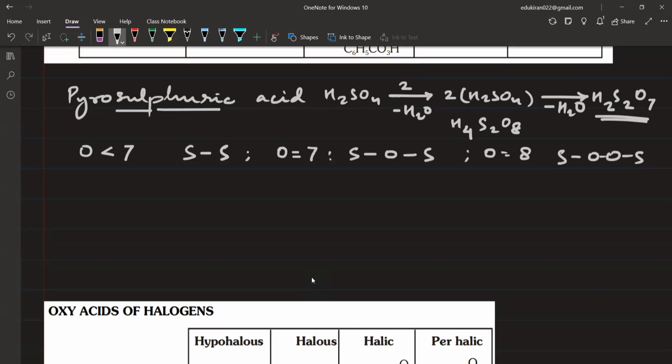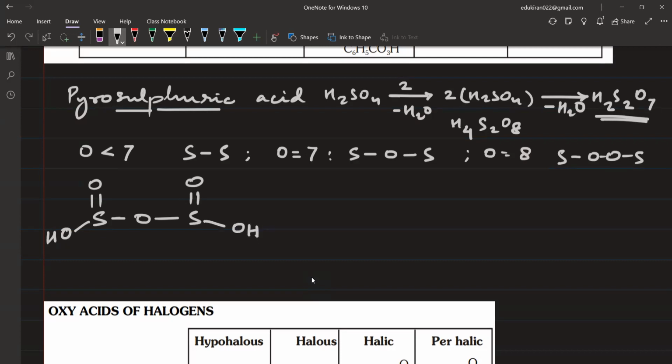Now in this case we have oxygen that is equal to 7. आप कैसे स्ट्रक्चर बनाइएगा इसका, सल्फर ऑक्सीजन bonded to sulfur. In each and every acid you will add double bond O, at least 1 double bond O should be there. कोई भी आप एसिड बनाइए उसमें एक डबल बॉन्ड O होना है. ऑक्सी एसिड में there should be at least 1 डबल बॉन्ड O and there should be 1 OH. ठीक है, So for each sulfur, I will give one OH and I will give another OH here like this.